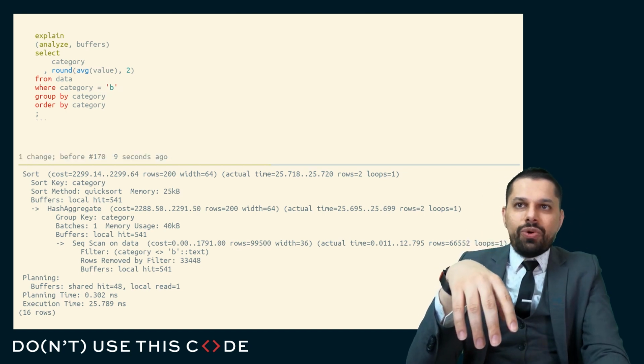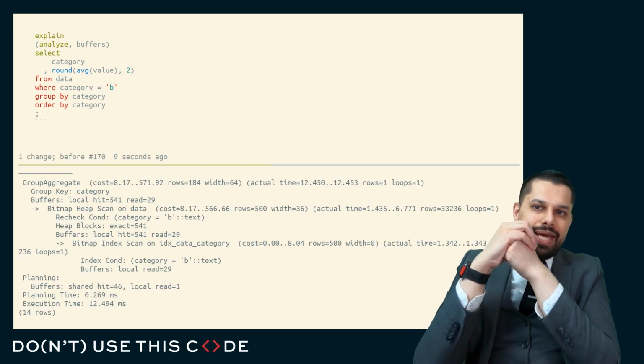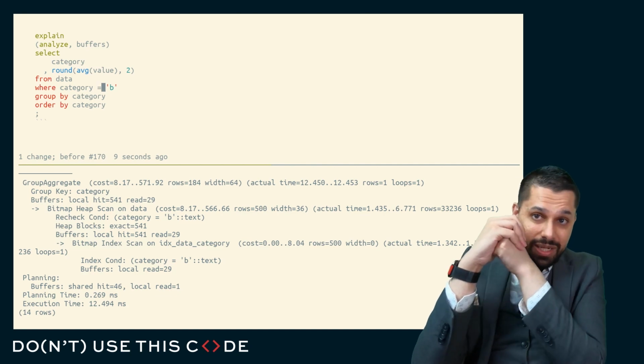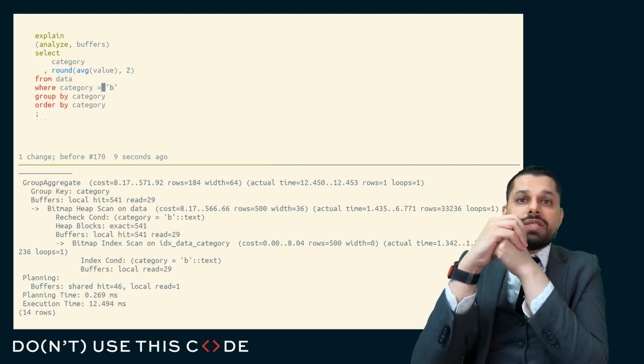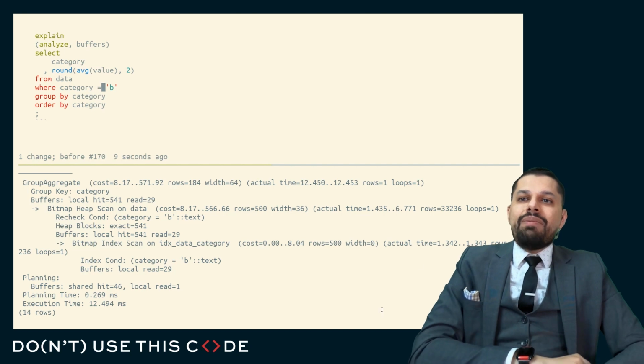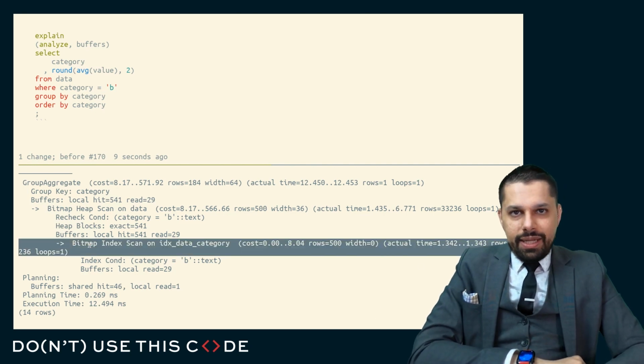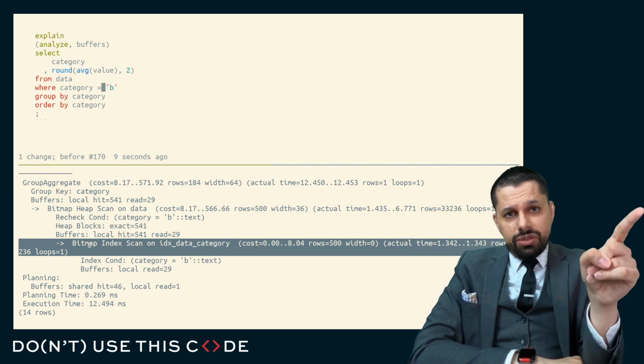But if we look at just category B, we can see we get a significant speedup here from 28 milliseconds to 12 milliseconds. Why? Because it's able to use that index to identify, hold on a second, don't load this, and don't load this.